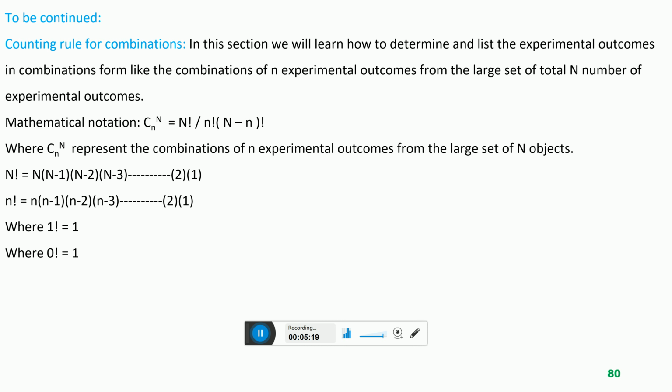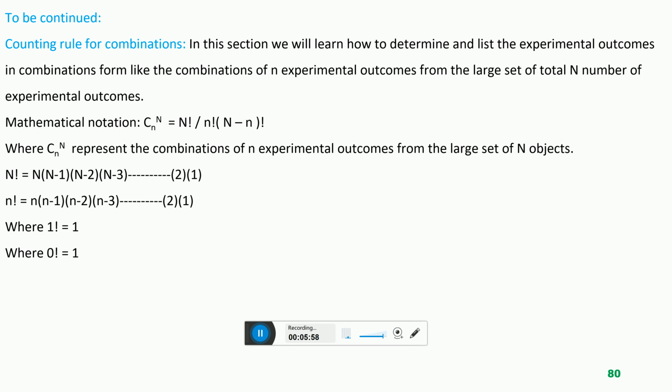Like, for example, the outcomes of two items. Counting rule for combination means we are developing experimental outcomes of an experiment, but these outcomes are in combinations form, meaning in group of items form.